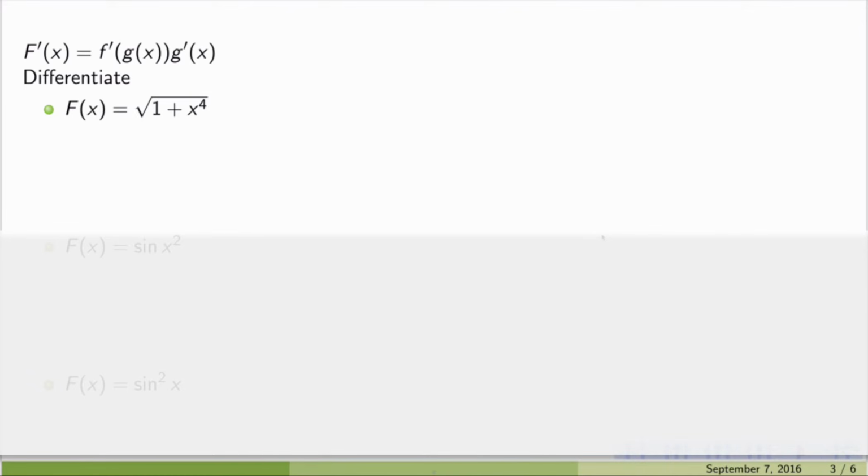In the first example, we have f of x is the square root of 1 plus x to the 4. You can see the outer function is the square root, and the inner function is 1 plus x to the 4. Let's apply the chain rule right here. So f prime of x, that would be little f prime.